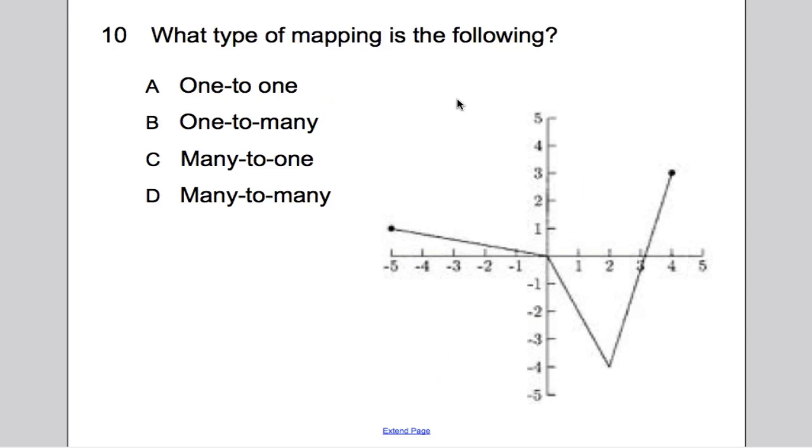And lastly here, what type is the following? Well, it's linear, and we've seen with linear graphs that they're mostly 1 to 1. However, here it's a different linear function for different parts of the range. It's of different steepness.